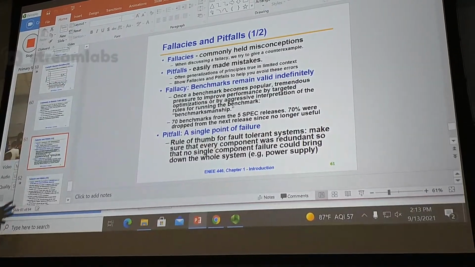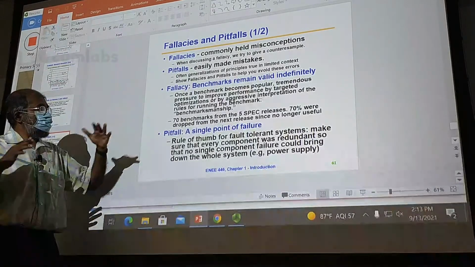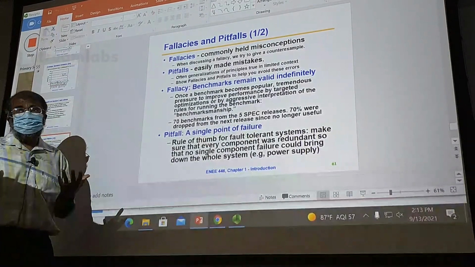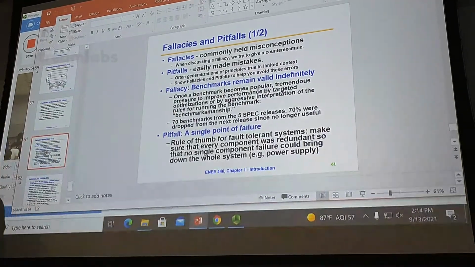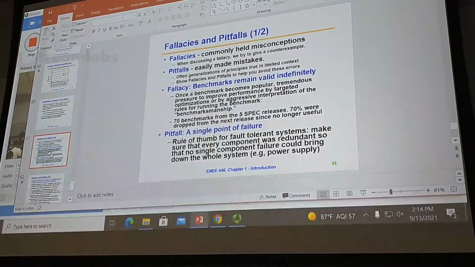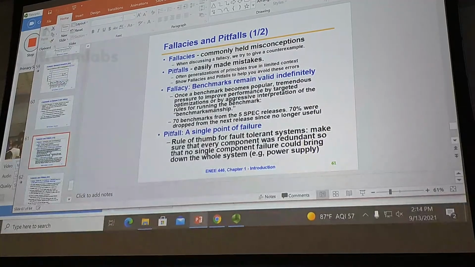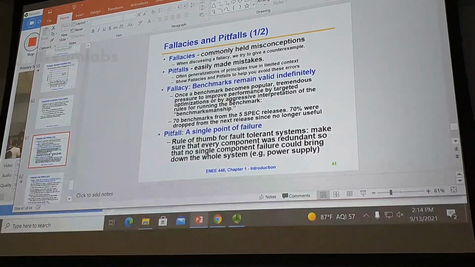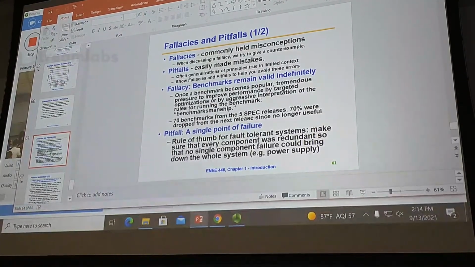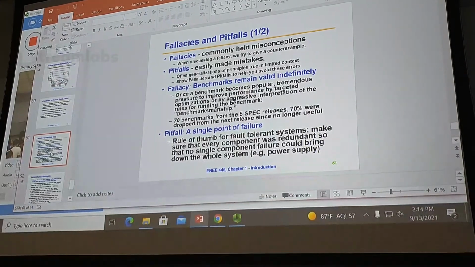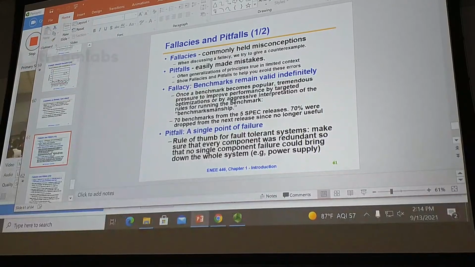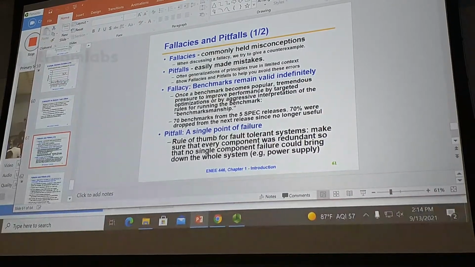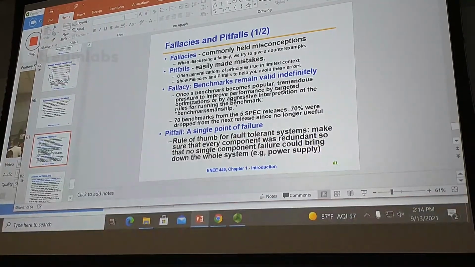And so some examples, as far as this chapter is concerned, we talked about benchmarks, and the fallacy is once you come up with a set of benchmarks, they are relevant for an indefinite period of time, and that's definitely not the case. I think I already talked about the spec being revised every 3 to 5 years.